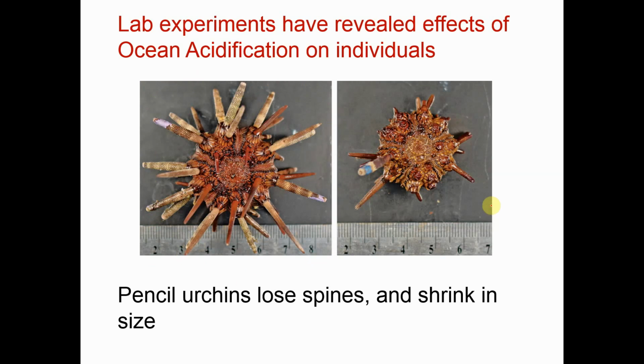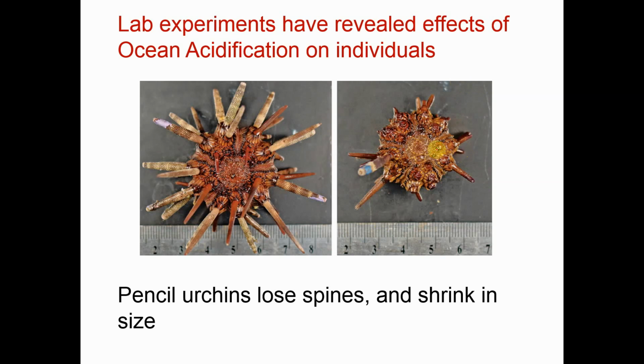This sea urchin, which is actually the sibling of this sea urchin, both of them essentially brothers, was grown instead in seawater where the pH conditions were what we would expect in the year 2100. And what we see, for example, is these pencil urchins lose their spines, so you can see hardly any spines compared to this fella, and they're reduced in size. They shrink in size generally.